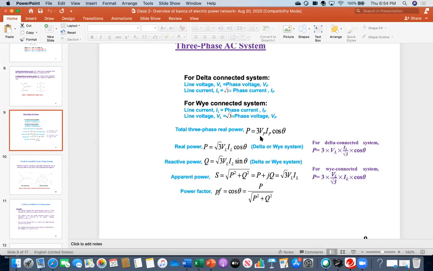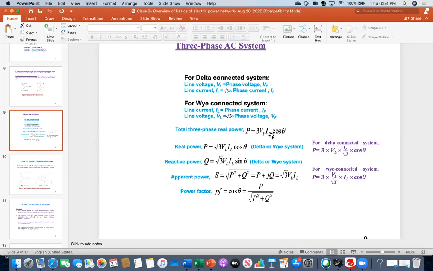Now here, total three-phase real power P equals 3 Vp Ip cosine theta. In this case, I am doing this for the balanced system. Keep in mind, I am assuming that all three phases have the same amount of power, so I just multiplied by 3. But if it is an unbalanced system, you have to do it phase by phase.